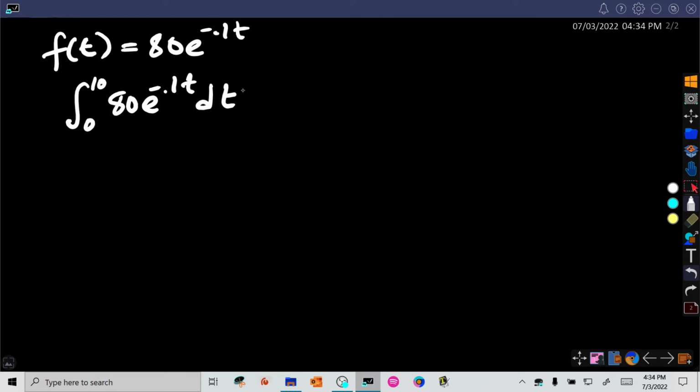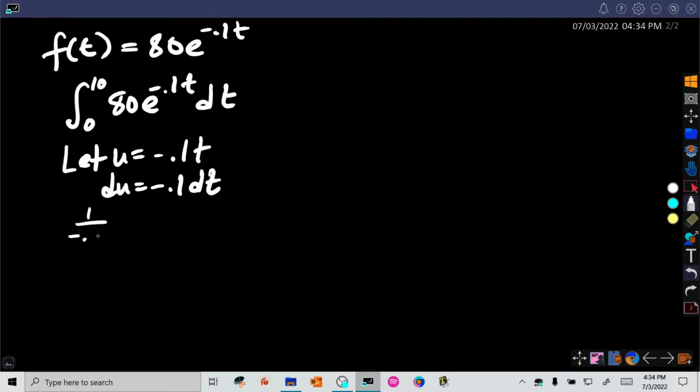Okay. All right. And then we're going to let u equal minus 0.1 t. du is equal to minus 0.1 dt. So 1 over minus 0.1 du is equal to dt. Okay. Now we need to do the bounds. So t equals 0.